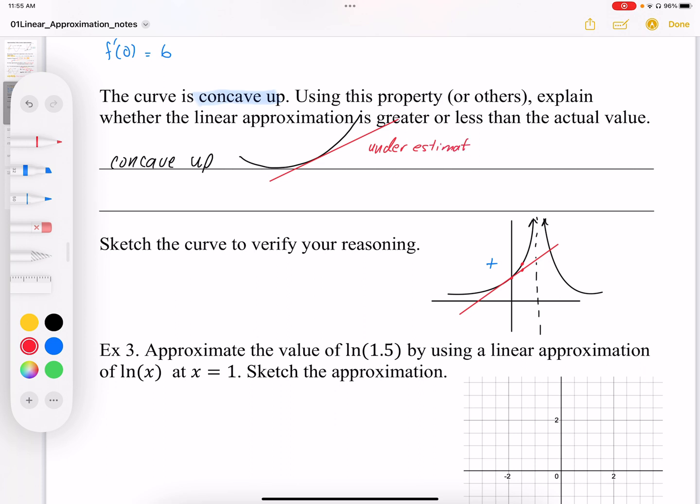And we could also make the conclusion that if the concavity switches, so if I had a negative concavity here, let me just draw that tangent line again. That tangent line is going to be now an overestimate.